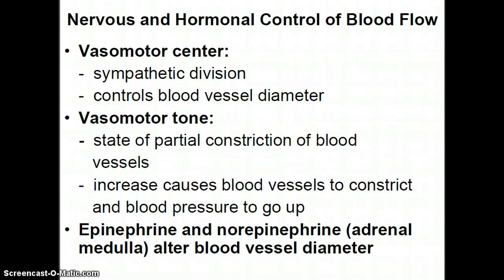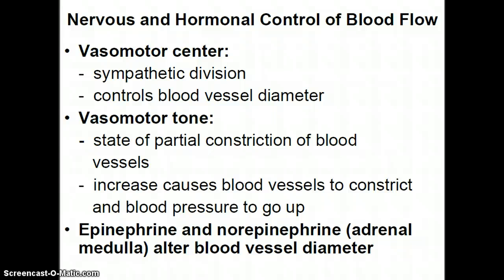There is nervous and hormonal control also of blood flow. The vasomotor center is part of the sympathetic division of the autonomic nervous system, and it controls blood vessel diameter. As we reviewed in the chapter on the heart, it also has an effect upon the heart rate and stroke volume and cardiac output.